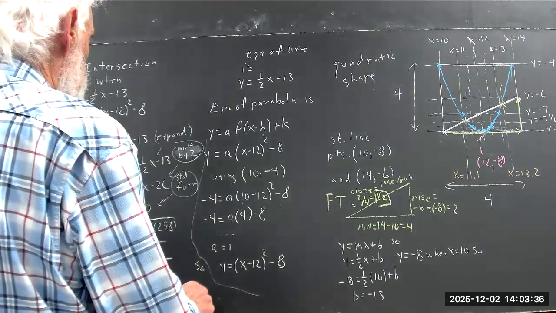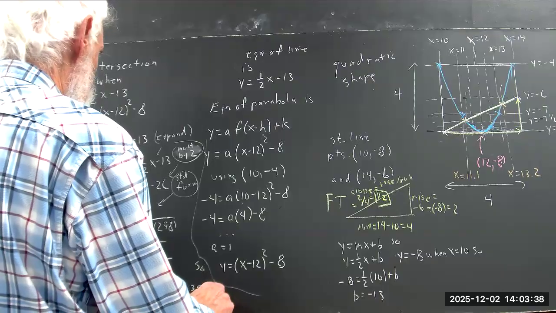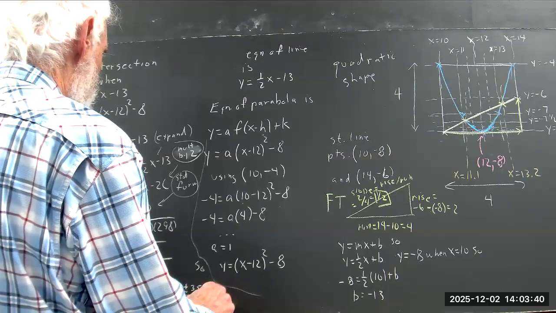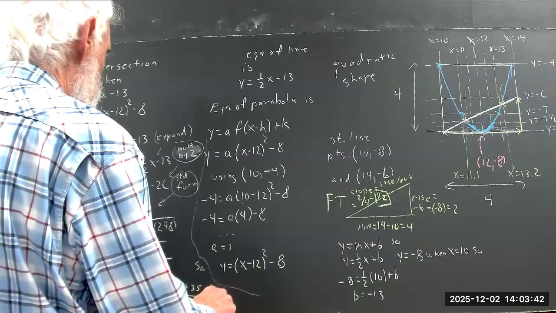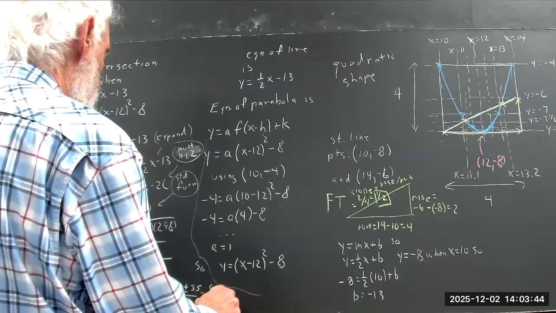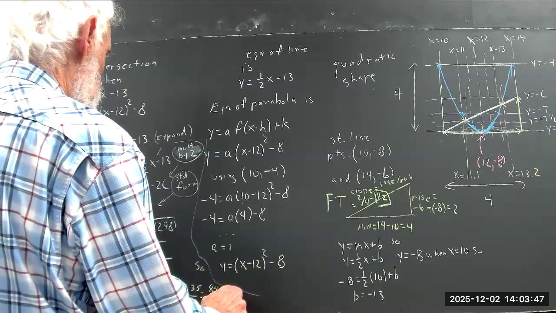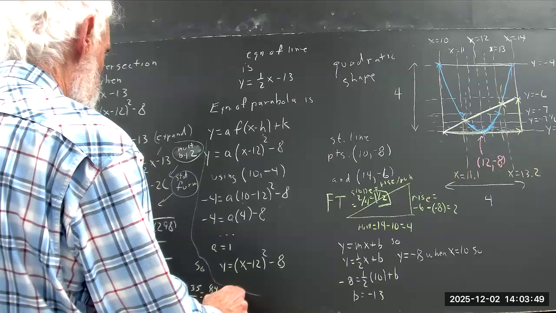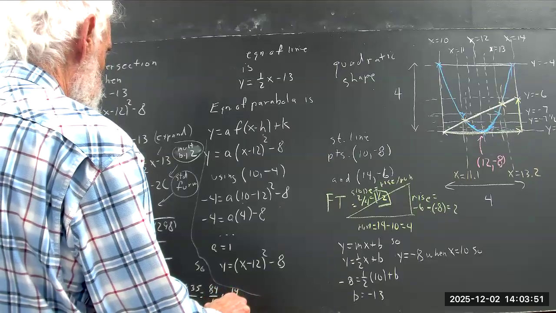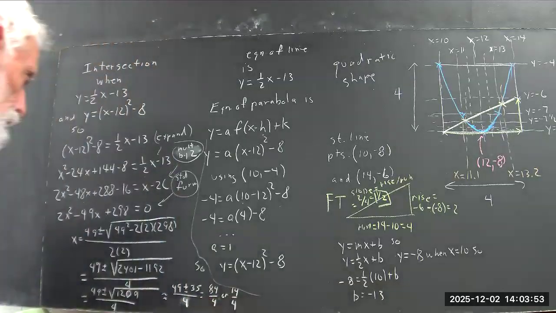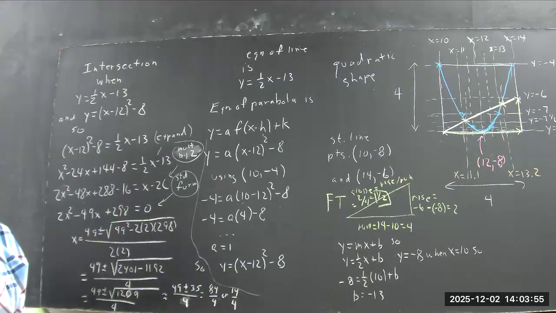Okay, 49 and 35 is 84. 49 minus 35 is 14 over 4. It's not going to help much.